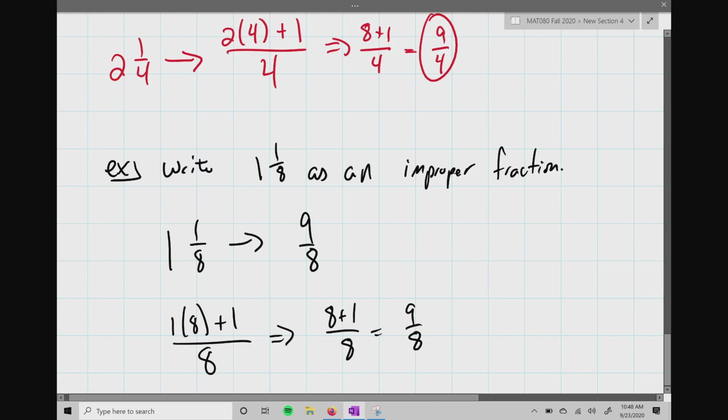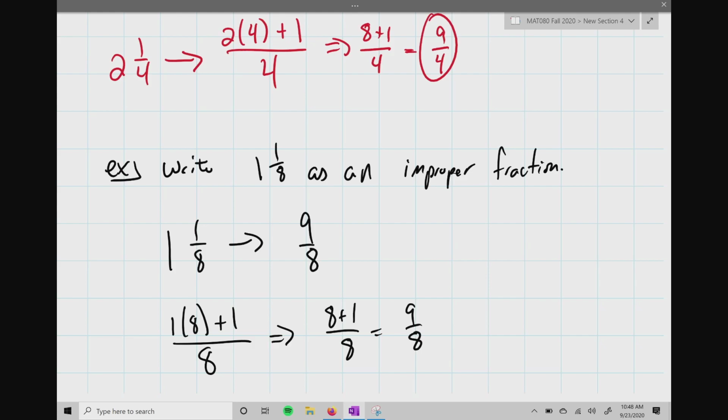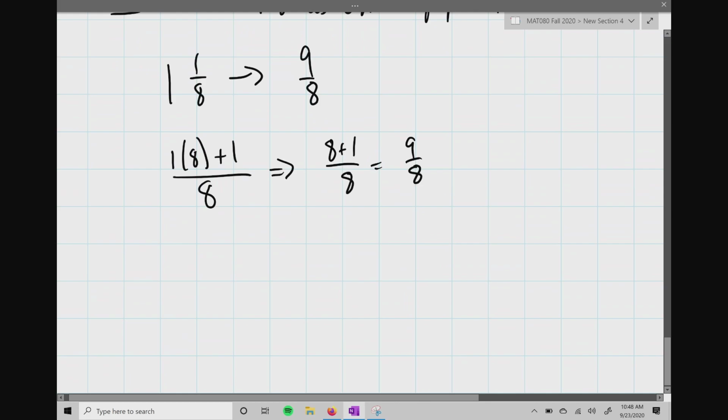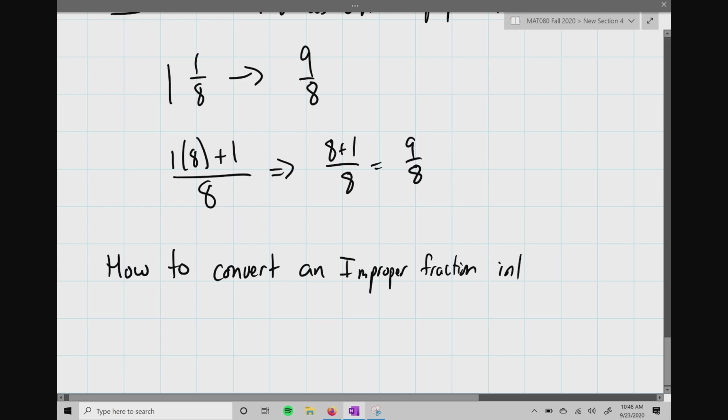Do we need to do one more, or are we pretty comfortable with this? I think this one's kind of easy. So now the question becomes, okay, well, if we can go from a mixed to an improper, can we go the opposite way? So I'm going to show you how to convert an improper fraction into a mixed number.